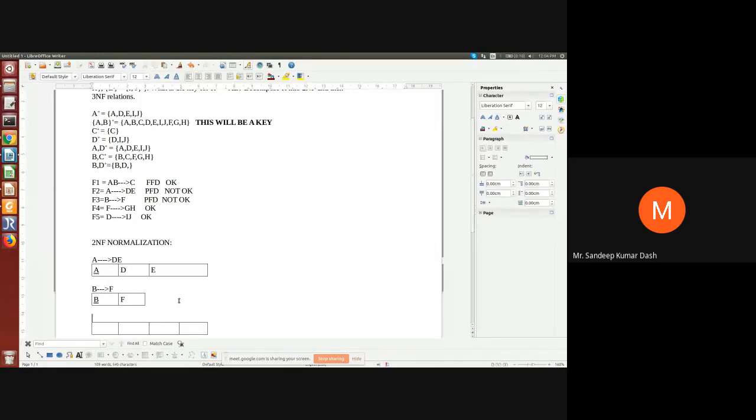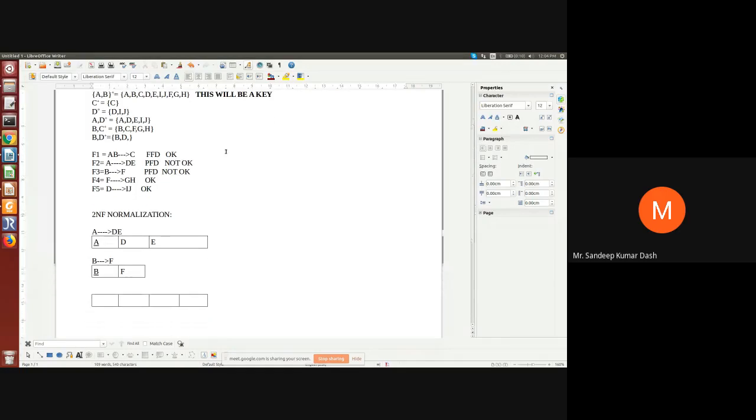Now the rest of the things, which were initially all okay, will be as they are. AB determining C. F determining GH.